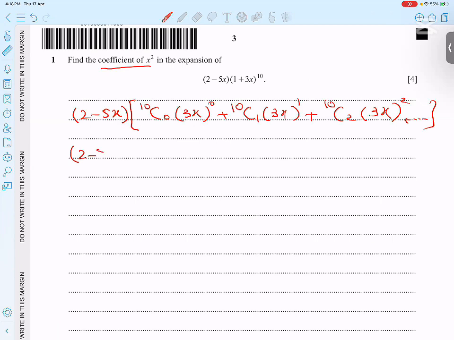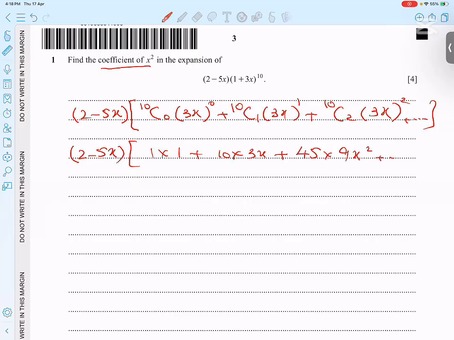So 2 minus 5x. And inside this is a 1, then 10 into 3x, so 30x. 10C2 is 45 into 9x to power 2.